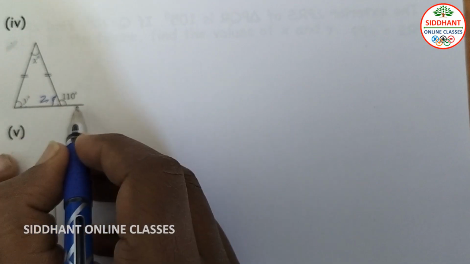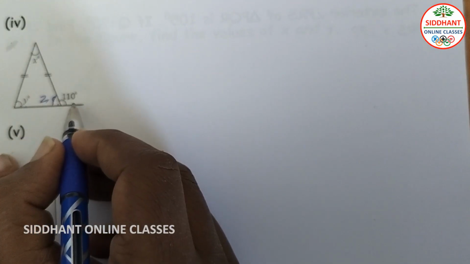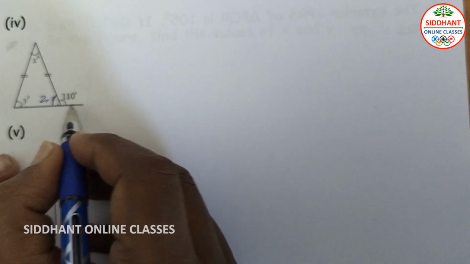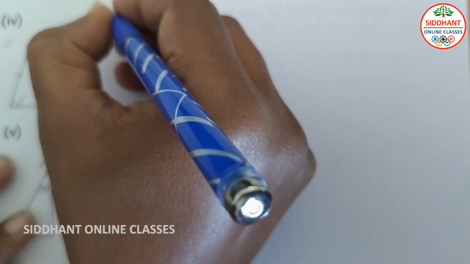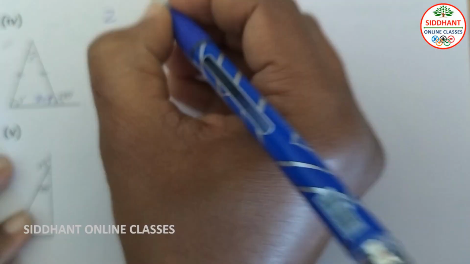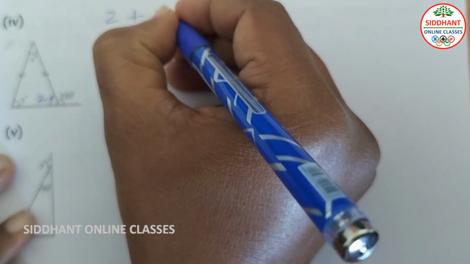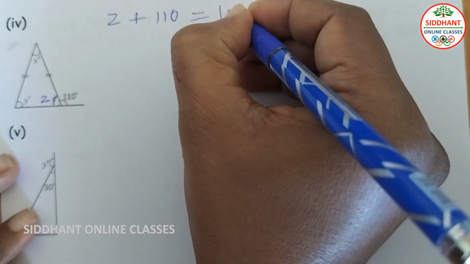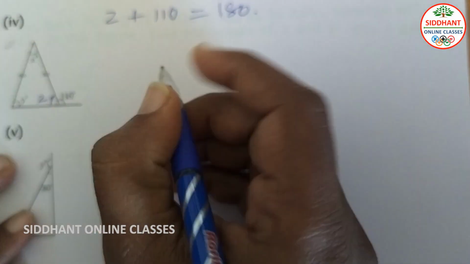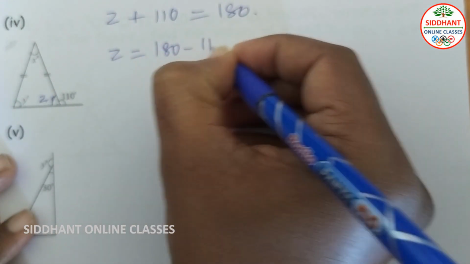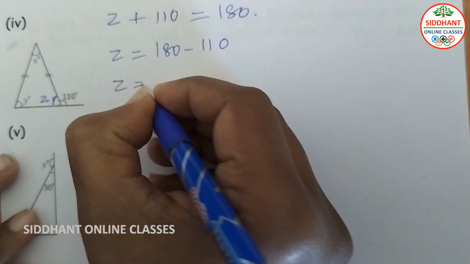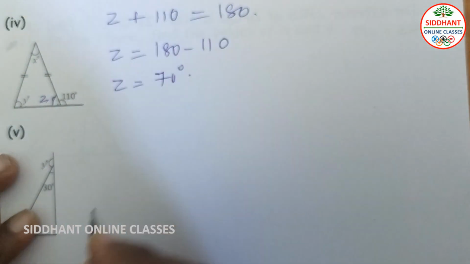The angle z plus 110 is equal to linear pair angles. Linear pair angles means 180 degrees. That means z plus 110 is equal to 180. Then z is equal to 180 minus 110, then z equals 70 degrees.